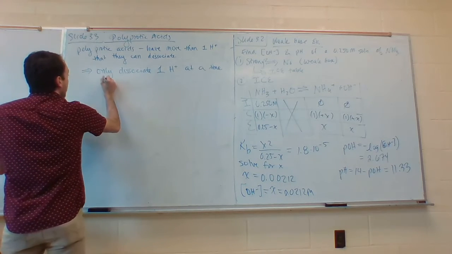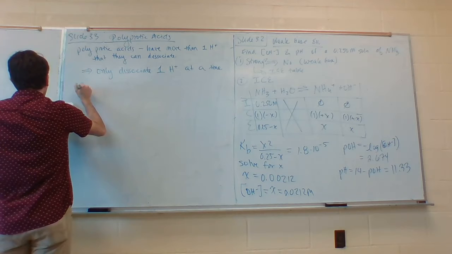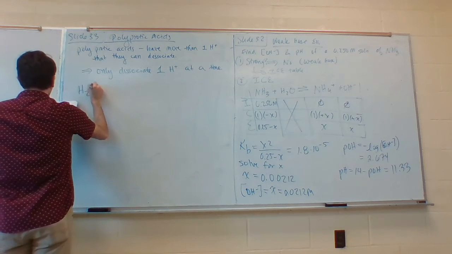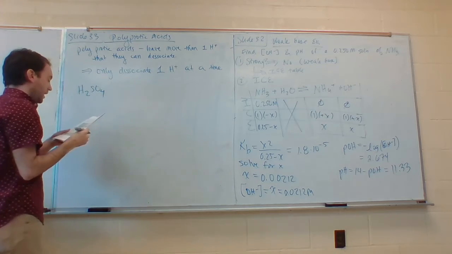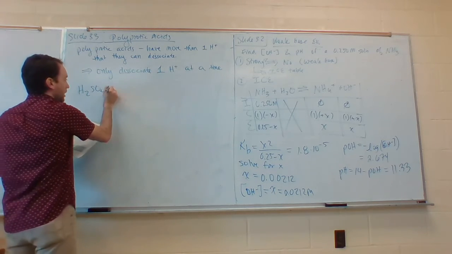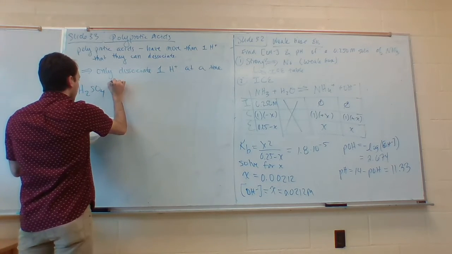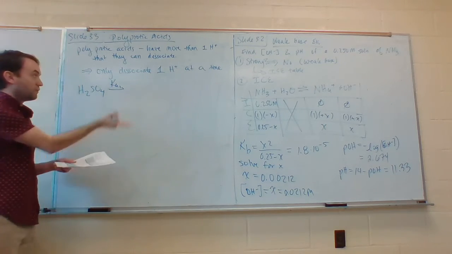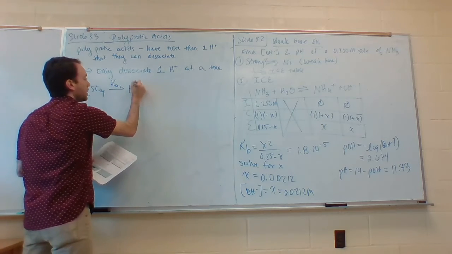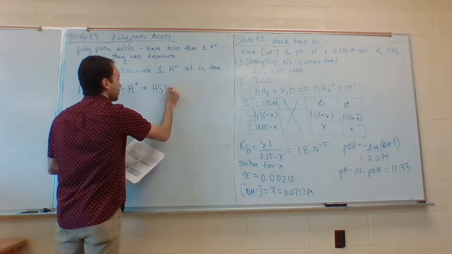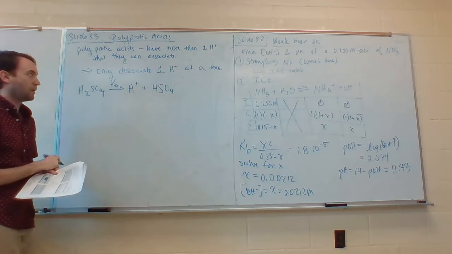Let's say that we have something like H2SO4, right? If we consider that, it's going to lose one proton, so it's going to have a Ka for this first loss of a proton, where we get rid of one proton and it becomes HSO4 minus, okay?